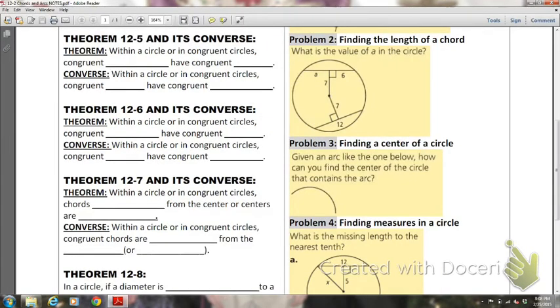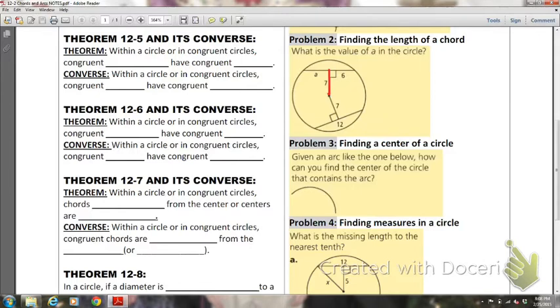In problem 2, you're supposed to find the value of A in the circle. So if you look at this diagram and find which theorem relates to it, you know that this segment here, since it goes through the center of the circle, is a piece of the diameter, and the length of it is 7.